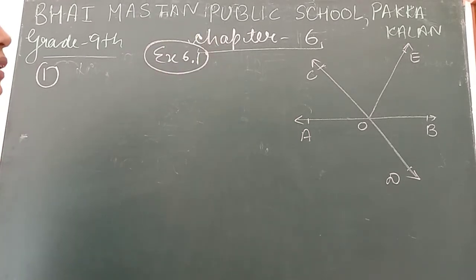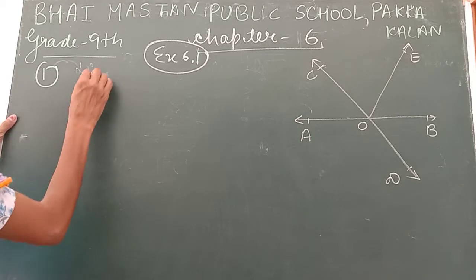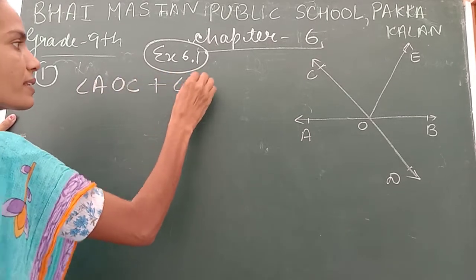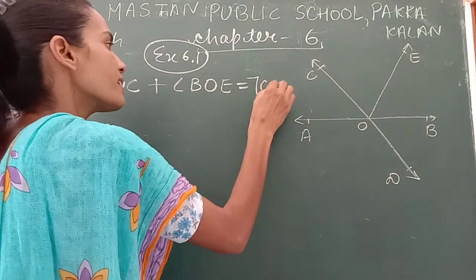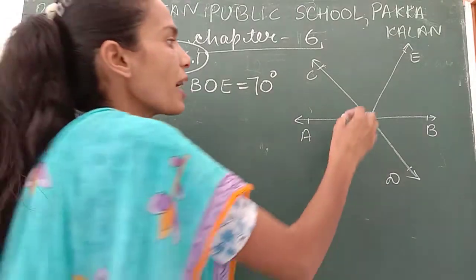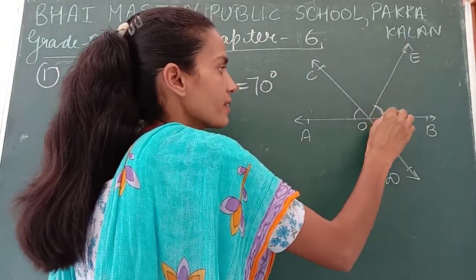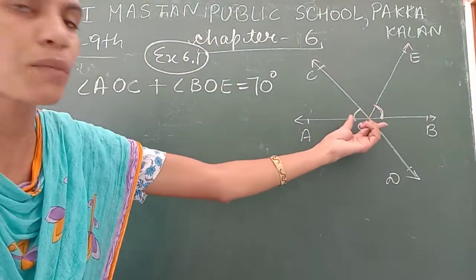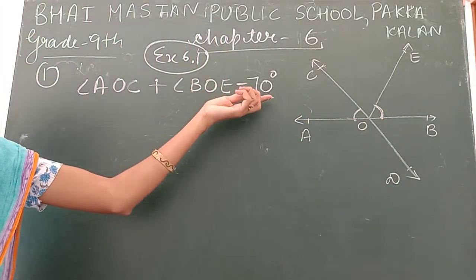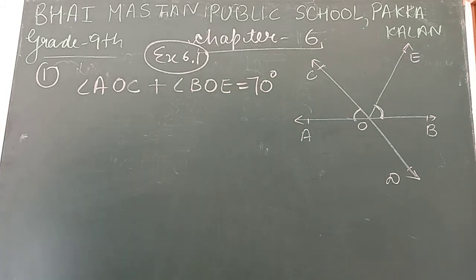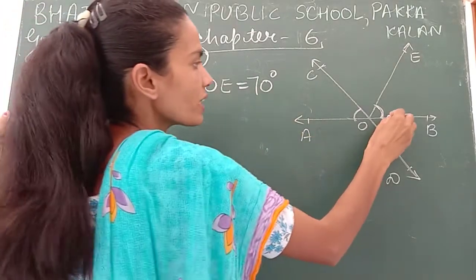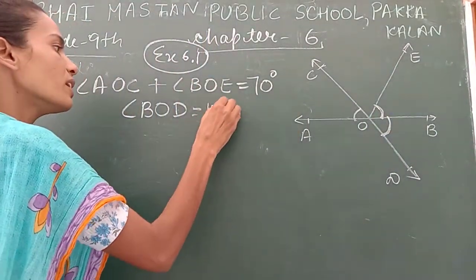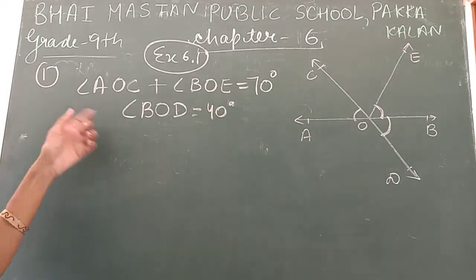It is given that angle AOC plus angle BOE is equal to 70 degrees. One thing is left, angle BOD, which is given as 40 degrees.